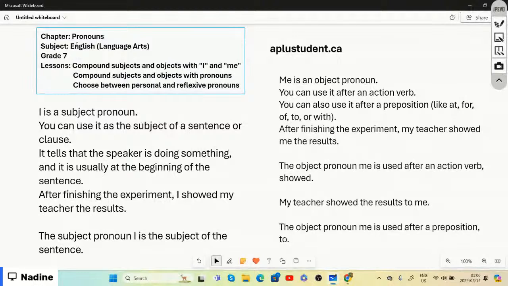All right. So we are basically continuing with pronouns, like I said, and that is going to be our lessons for today.